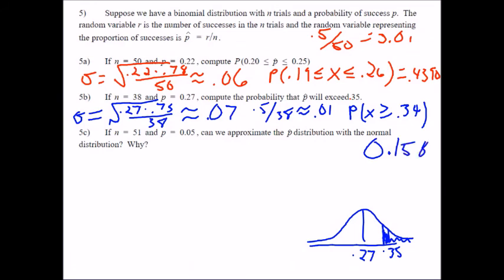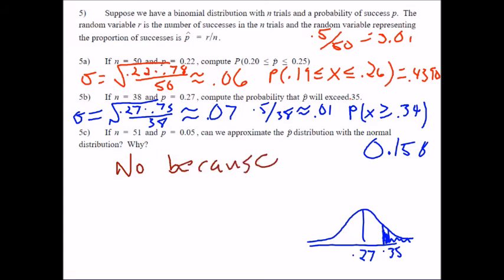All right, and then the last question on here is about, can we use the normal distribution to approximate this p hat distribution if n is 51 and p is 0.05? And technically we should have done this for the first two, but anyway, the answer is no, and here's why.